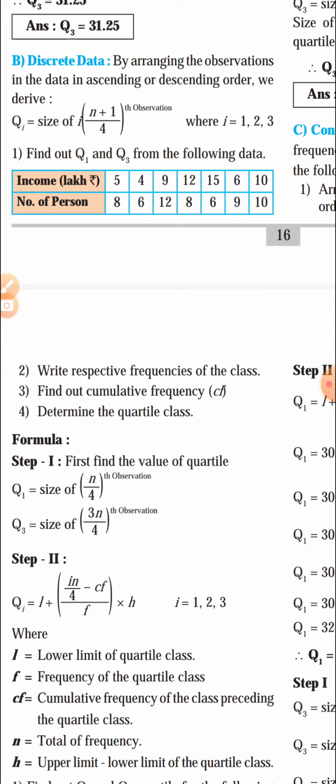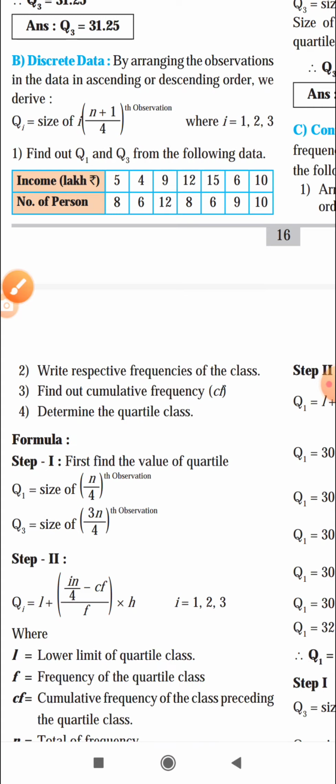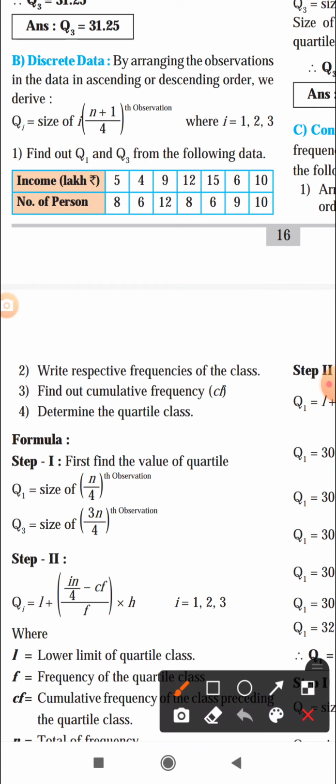For Q1, the formula is: Q1 is equal to the size of the N upon 4th observation.